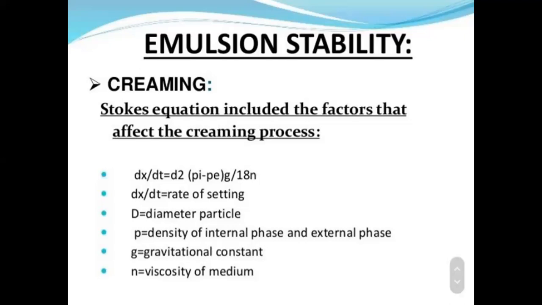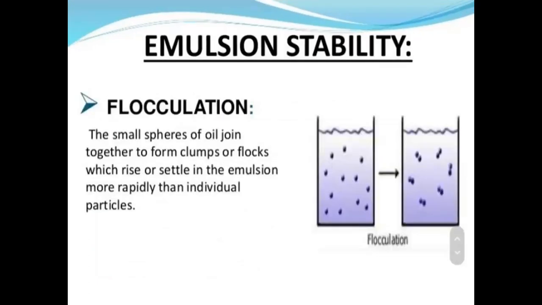So creaming depends on different factors: the rate of creaming, the radius of the globules, the density of the dispersed phase, the density of the continuous phase, which is water, the gravitational constant, and the main thing, viscosity. The main factor in creaming is viscosity.